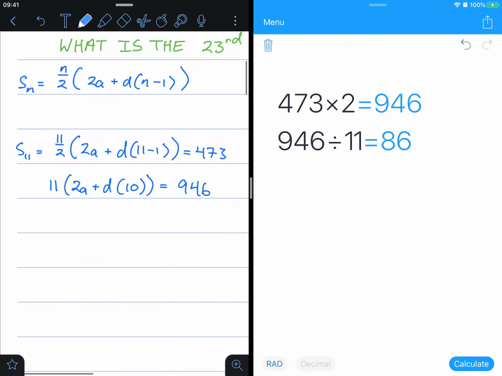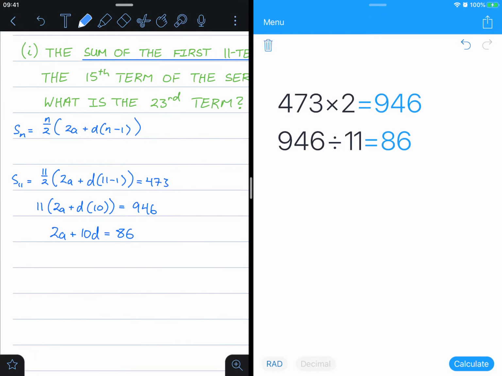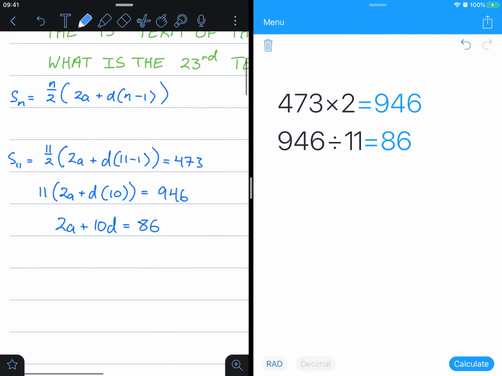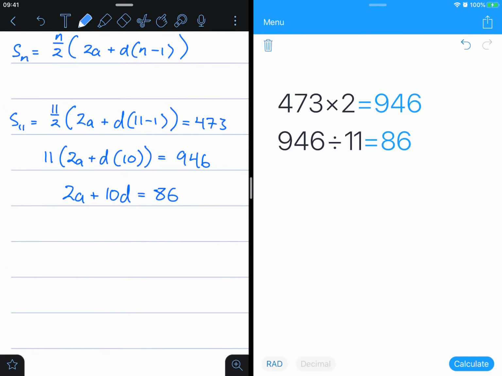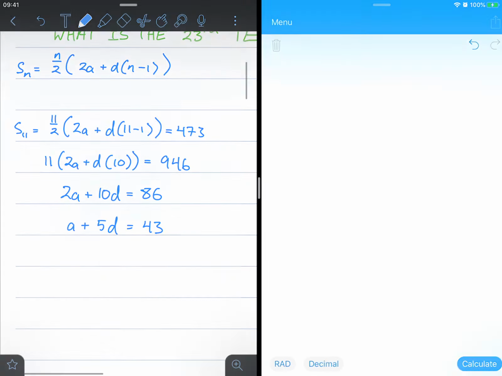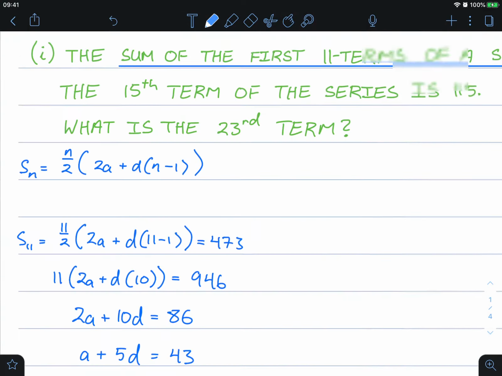Okay, so I'm going to have this expression, 2a plus 10d equals 86. Let's actually keep simplifying until we get a by itself. So I'm going to divide everything by 2. We get a plus 5d. Dividing this by 2, 43, I believe it is. And here we have one expression that we can work with in future.